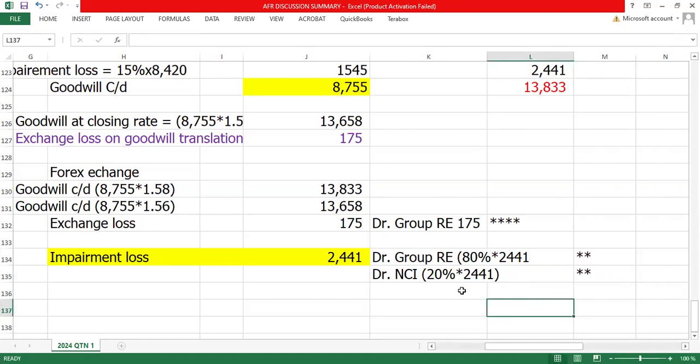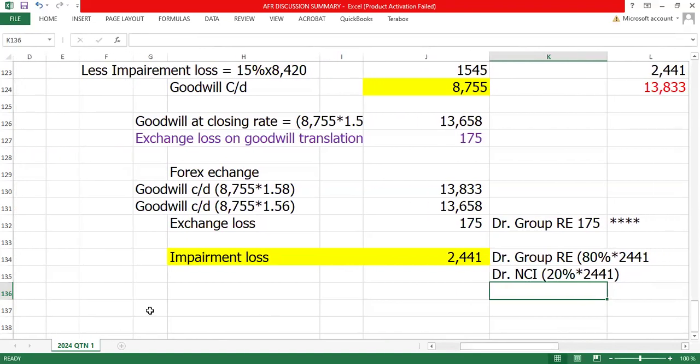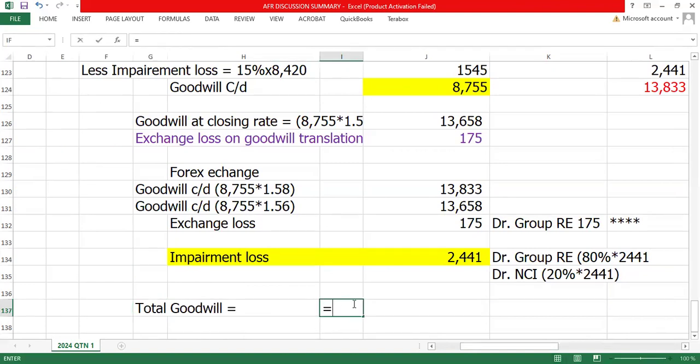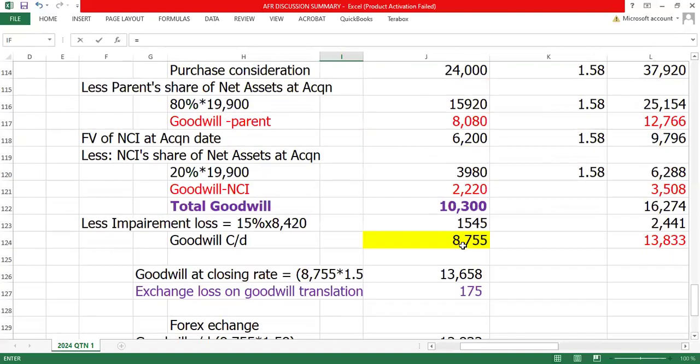All right, I think we are done. Then total goodwill, the one you should recognize in the balance sheet, is this one, the 13658, and then we less this 175.